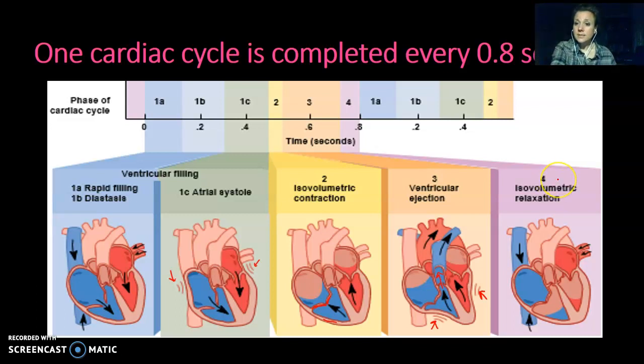Number 4 says that we have isovolumetric relaxation. So now the walls of the ventricles are relaxing, they are repolarizing, but it's isovolumetric. So these AV valves are going to remain closed, so we haven't changed the pressure in the ventricles enough to allow for blood to move from the left atrium into the left ventricle or from the right atrium into the right ventricle.